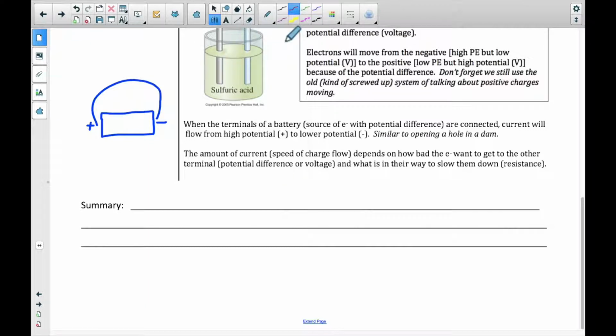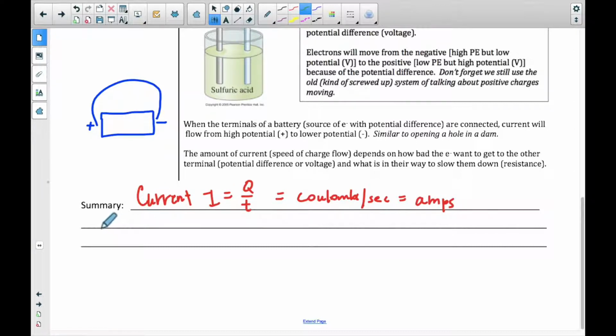Some things you might want to write down in the summary, because we really have covered a lot, is one thing we've talked about is current. And the formula for current is I equals delta Q over delta T. That's charge over time. And that is measured in coulombs per second, which is also known as amps. So current has an I, it's measured in amps.